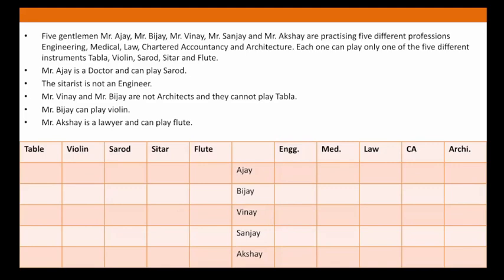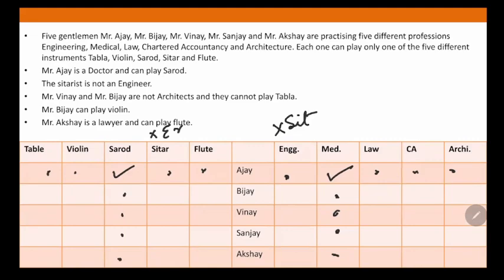So 5 gentlemen, Ajay, Bijay, Vinay, Sanjay, Akshay, 5 different professions and 5 different musical instruments. So Ajay is a doctor. Technically speaking, doctor means medical profession, right? So Ajay is a doctor and can play the sarod. Then the sitarist is not an engineer. So engineer does not play sitar and the sitar player is not an engineer.